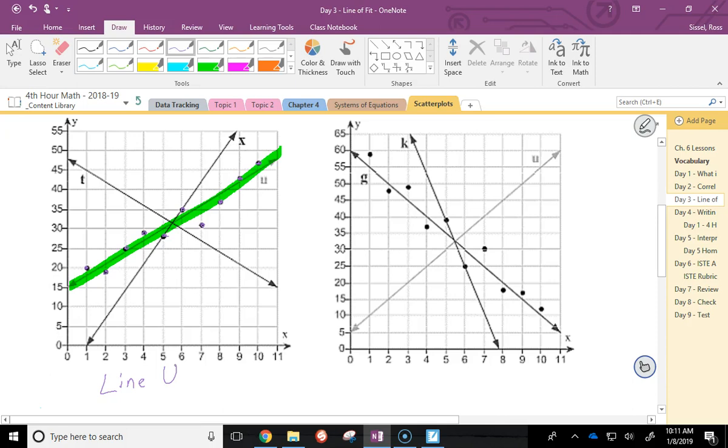Ooh, which means I get... So, I have line G, K. Let me pull my random. That's a random.